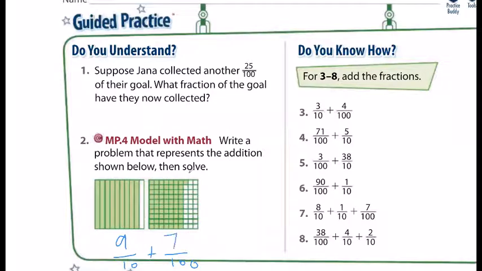So it's 71 out of 100. In order to add the fractions, we should have the same denominator. So I will make this 100. To make it 100, I will multiply by 10 in the numerator and 10 in the denominator to have 90.